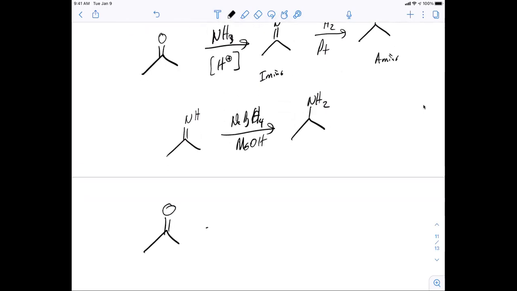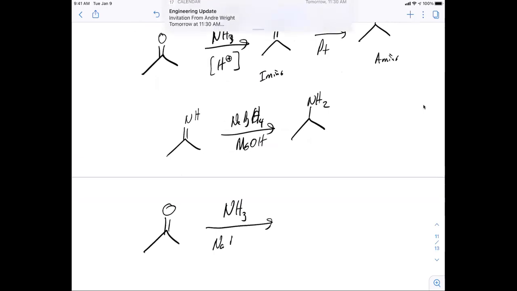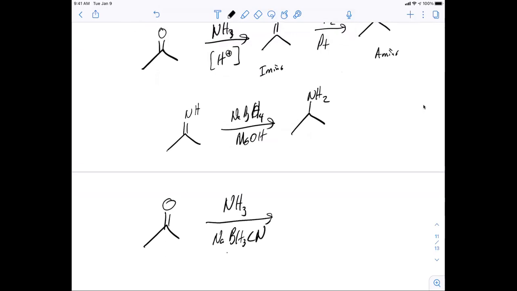If I take the ketone, react that with the amine in the presence of sodium cyanoborohydride, with a trace acid, the sodium cyanoborohydride will not react with the carbonyl, okay?